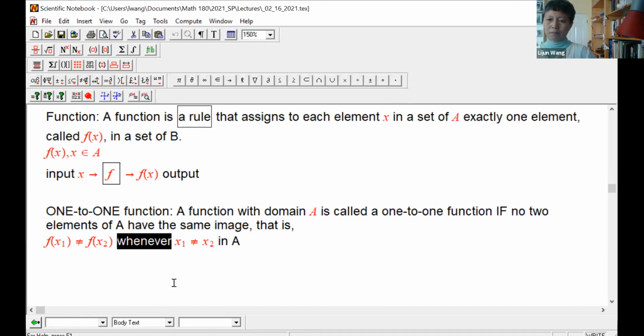You follow me? So whenever implies arbitrariness, there are arbitrary choices. You look at the domain, and this condition has to be satisfied by any two inputs that are different.